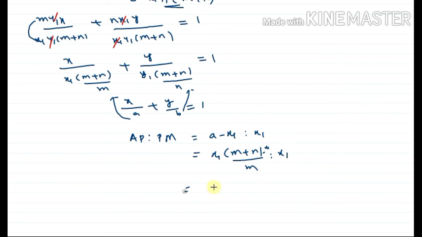So here I am taking LCM. I am taking m as the LCM. This is m x1 plus n x1 minus m x1, ratio x1. Again m x1 cancels. So this is n x1 by m is to x1.